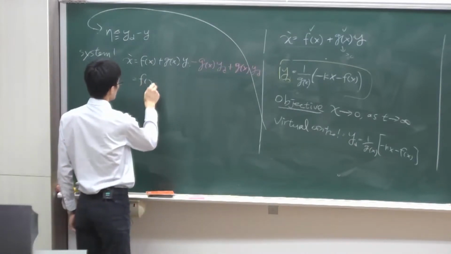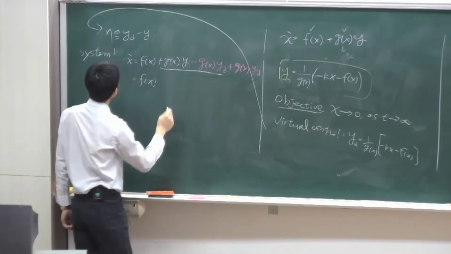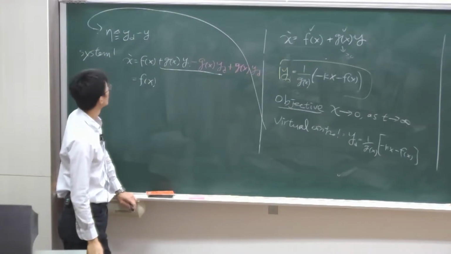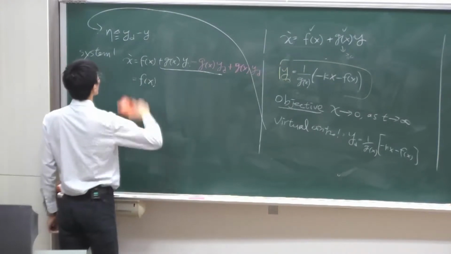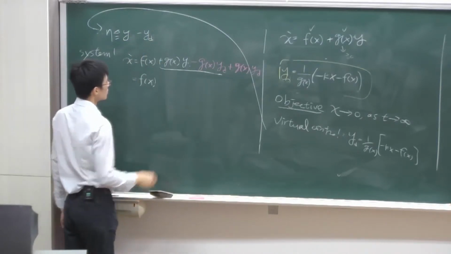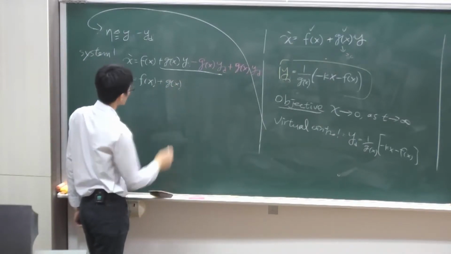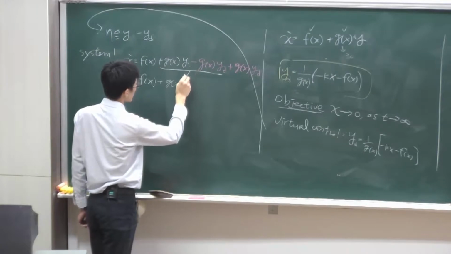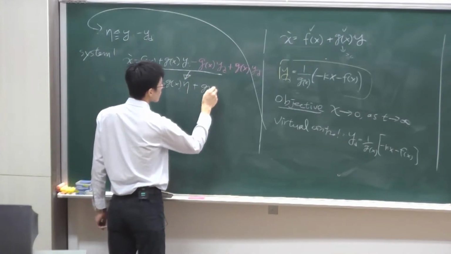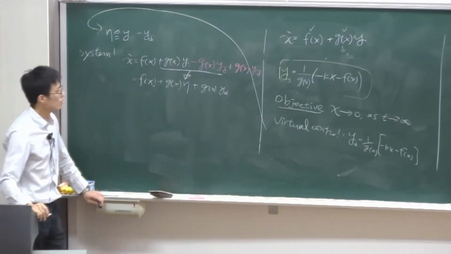Next, I combine these two. That gives me yd minus y, that's fine. That gives me g x times eta, plus g x yd.